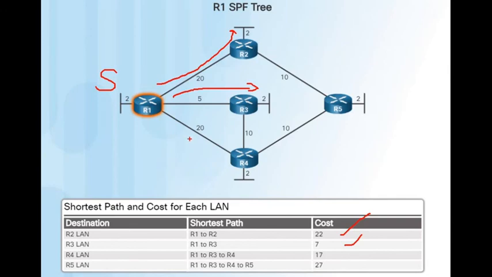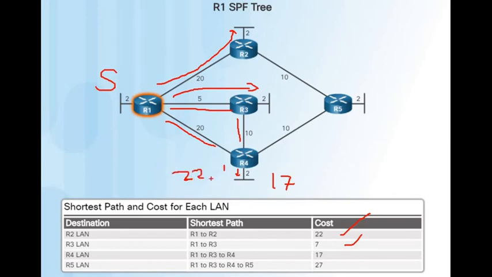R1 going to R4 LAN, you have two possible pathways. You have this path right here, 5, 10, 15, plus 2, that gives you 17, while the other path gives you 20 plus 2, that is 22.